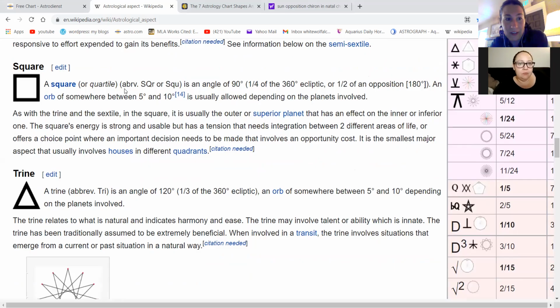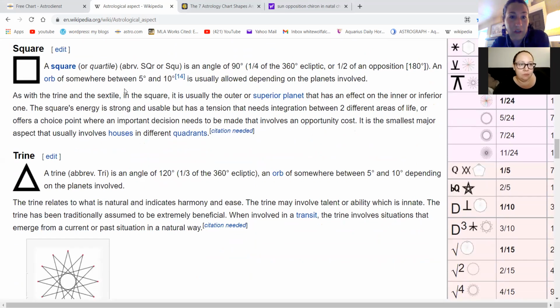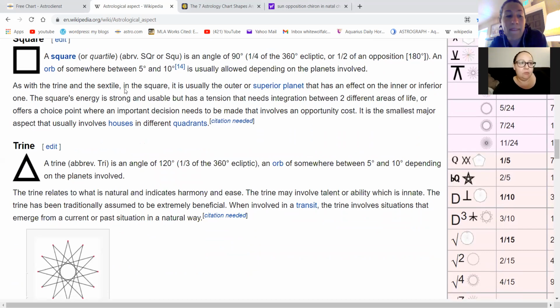As with the trine and sextiles, in the square it is usually the outer or superior planet that has an effect on the inner or inferior one. The square's energy is strong and usable, but has a tension that needs integration between two different areas of life, or offers a choice point where an important decision needs to be made that involves an opportunity cost.